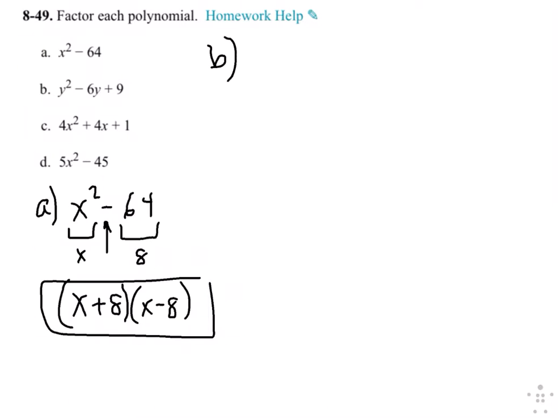For b, I have y squared minus 6y plus 9. Okay, so this is a perfect square, y. This is a perfect square, 9, which is 3, right? So if I can multiply those two and get 3y, and that is half of the middle term, which it is. 3y is half of 6y.